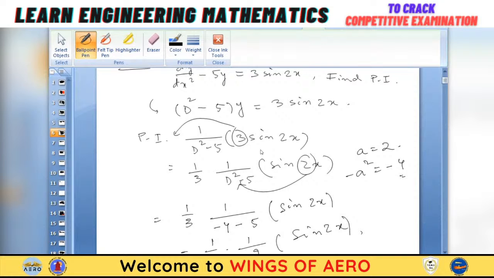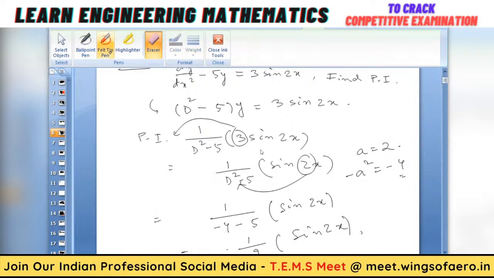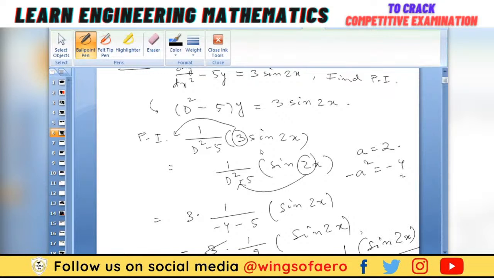Am I right? No, I'm wrong. The 3 should be in the numerator. Yes, yes, 3. So it means minus 1 by 3 sin 2x. Okay, so this is the answer.